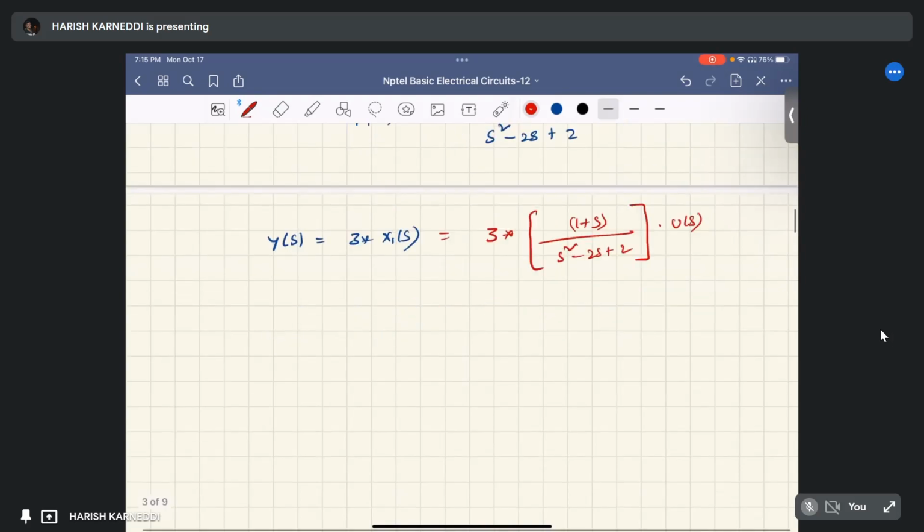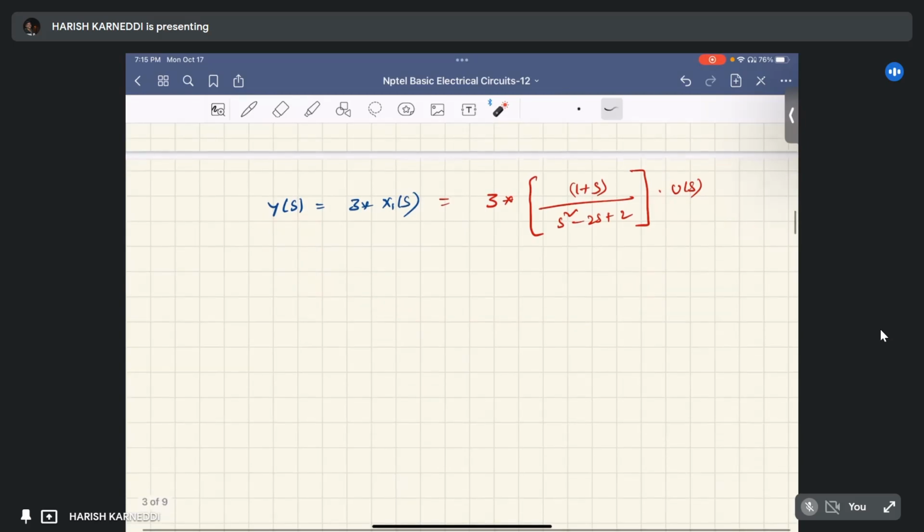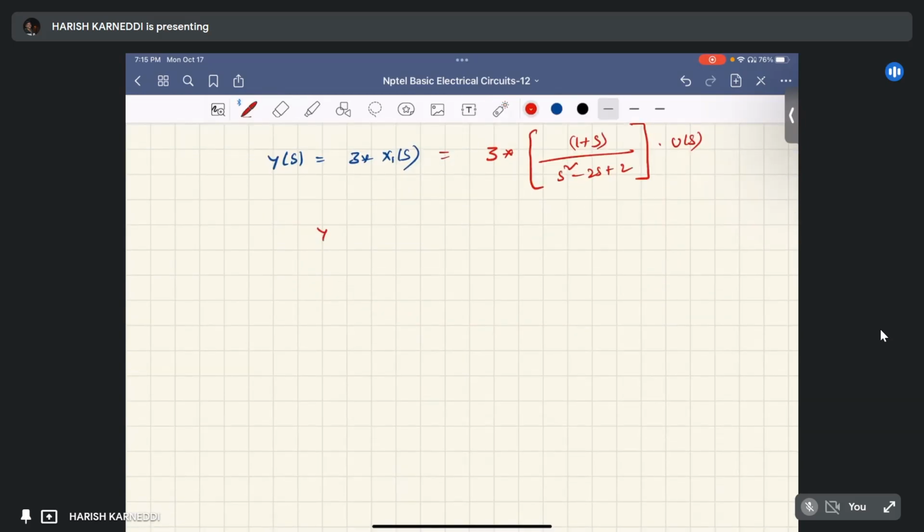One can bring this u of s into the denominator, so the equation becomes y of s by u of s equal to 3 into 1 plus s by s square minus 2s plus 2.